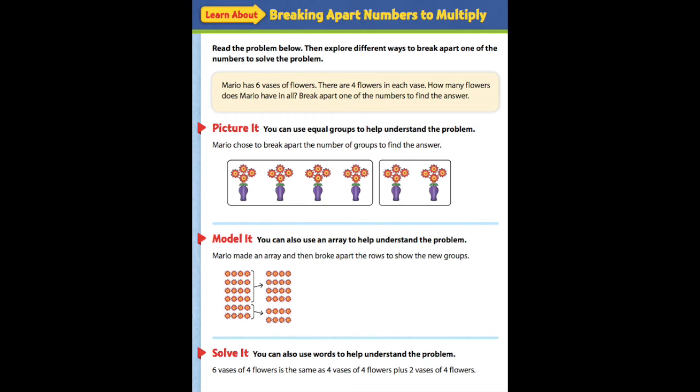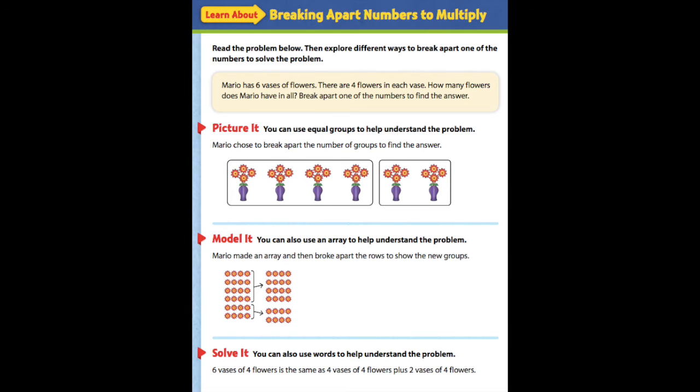So let's look at our picture. It says you can use equal groups to help you understand the problem. So Mario chose to break apart the number of groups to find the answer. So he made a group of 4 vases, 1, 2, 3, 4, and he made a group of 2 vases, 1, 2. So for the first group, he would have to do his 4 vases times 4, the 4 flowers.